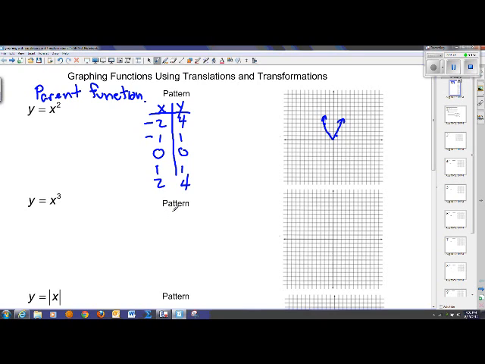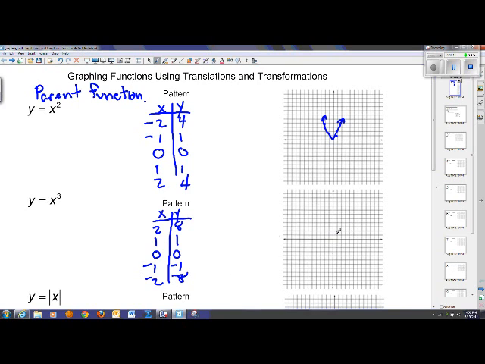Y equals x cubed. Again, I've got a pattern of the parent function looking something like, let's go 2, 1, 0, -1, -2, get the y values out, 8, 1, 0, -1, -8.